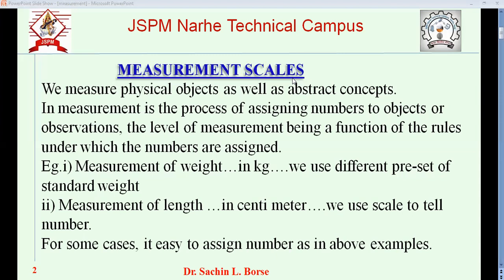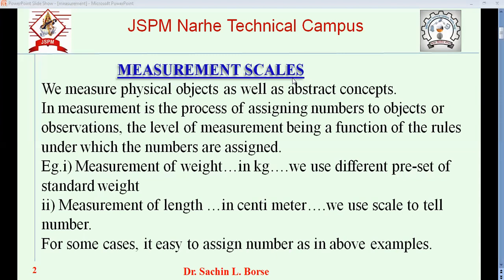So we'll understand here weight is the mass in layman's language. So we know that the mass or weight is measured in kg. For that we use what is called a weight scale.